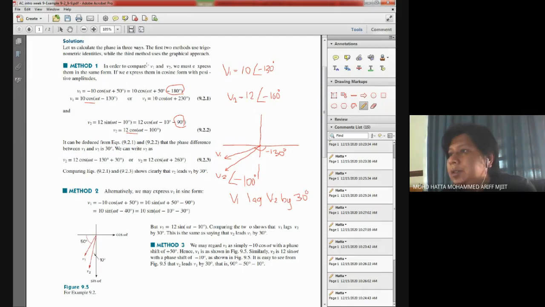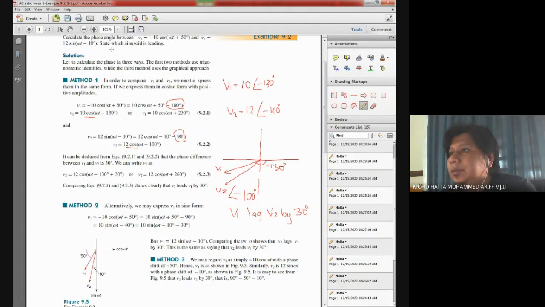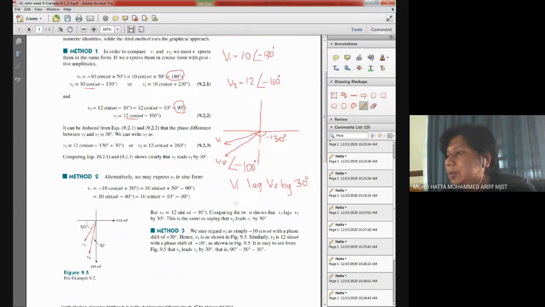But the question asks about which sinusoid is leading. So if you want to write in lead form, we can say that V2 leads V1 by 30 degrees.